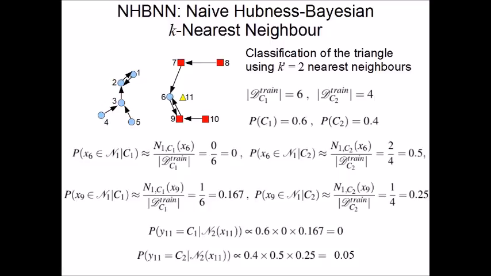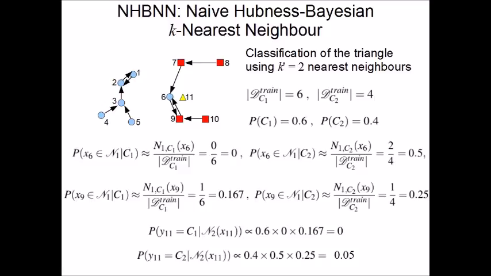First, we will estimate the so-called a priori probability of the two classes. In this example, there are 6 instances from the class of circles and there are 4 instances from the class of rectangles. That is, in total, we have 10 instances.